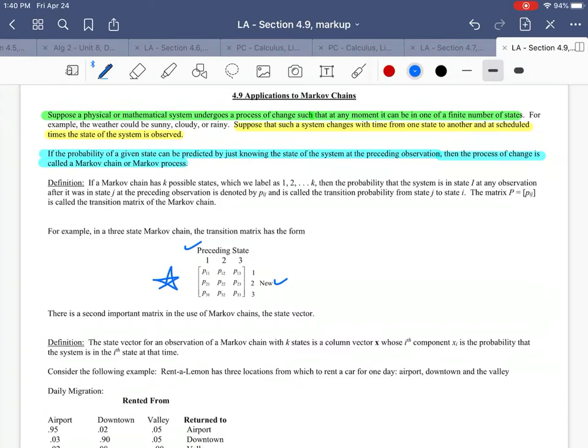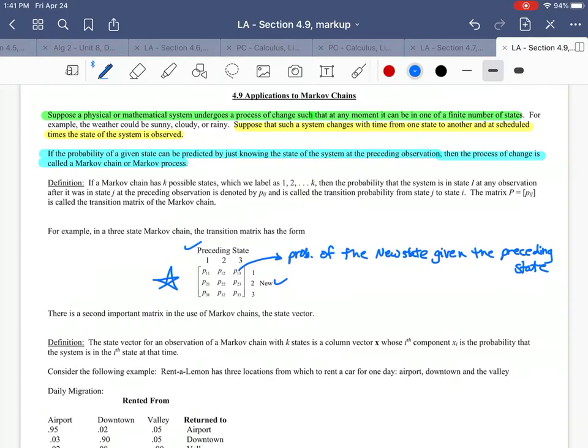In this definition, P13 means the probability of the new state, meaning the probability of what happens next, given the preceding state. If it rains on Wednesday, then on Thursday it has a chance of being sunny or raining again. So things are dependent.